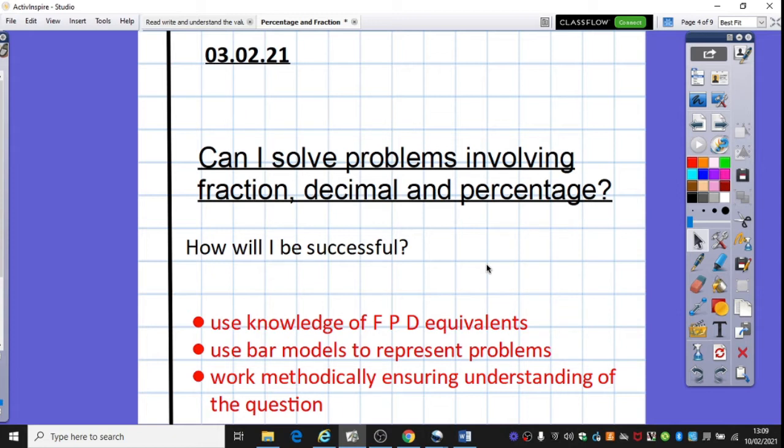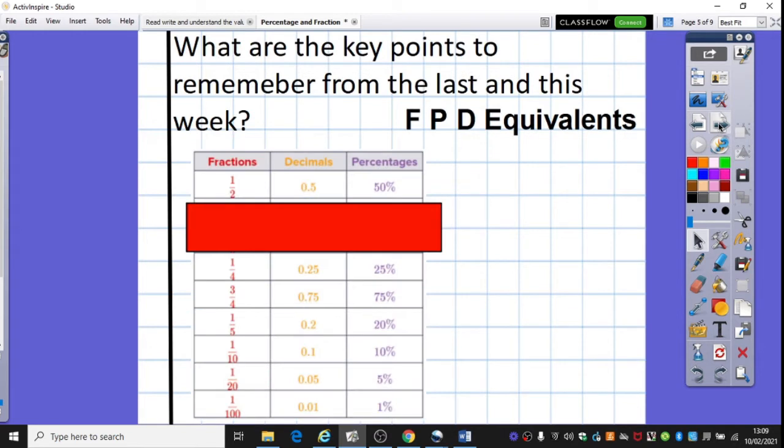So today we're going to be finding percentages of amounts, but putting it into the context of problems. So once again, to be successful, we're going to need to use knowledge of fractions, percentages and decimal equivalents. We're going to need to use bar models to represent problems. And we are going to need to work methodically in order to ensure that we understand the questions really, really carefully.